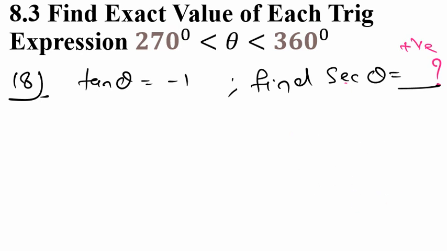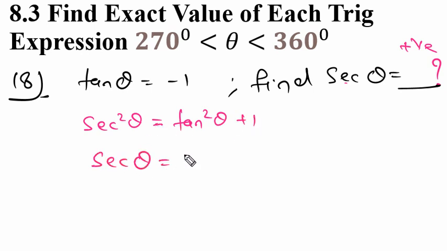So the trigonometric identity says secant square theta is tan square theta plus 1, and secant theta is the square root of tan square theta plus 1. I'm writing this again and again so you can remember it.